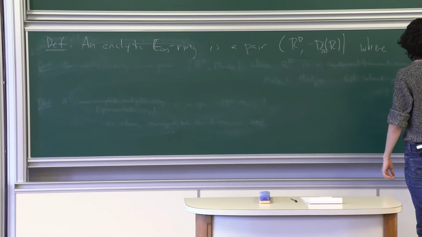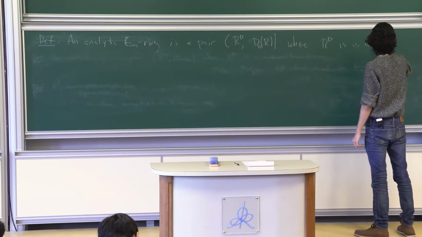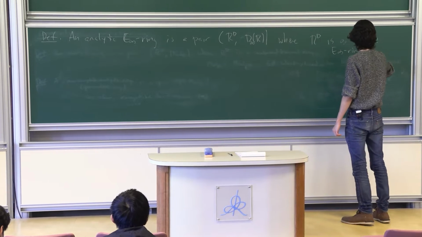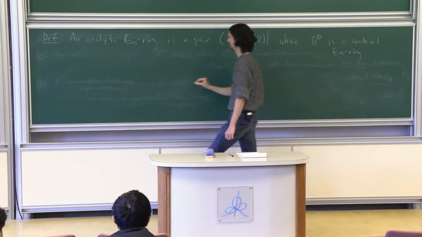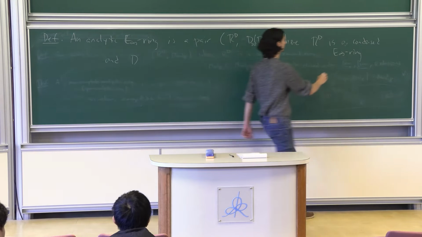So where R triangle is a condensed E infinity ring, and connective, thanks.